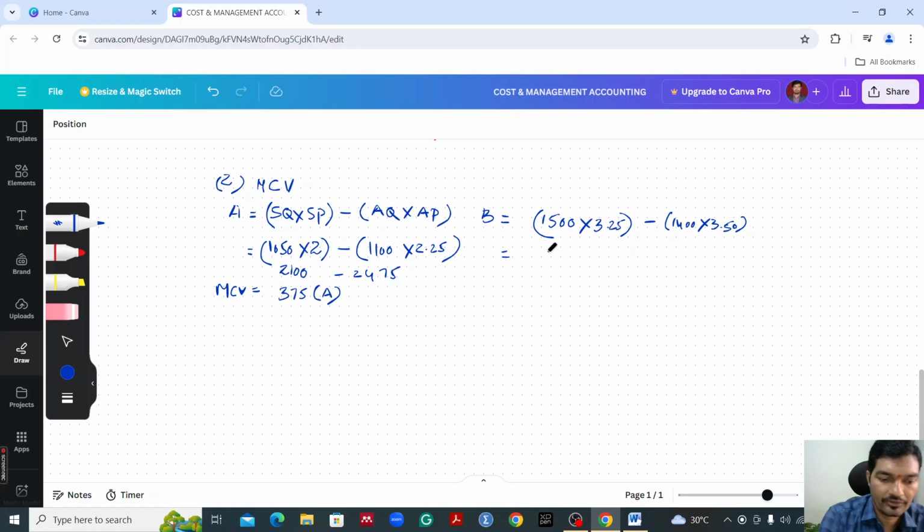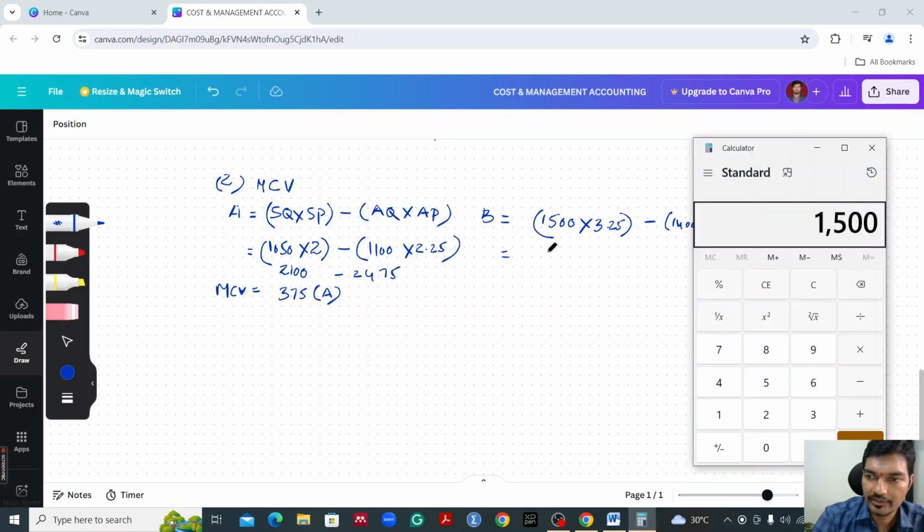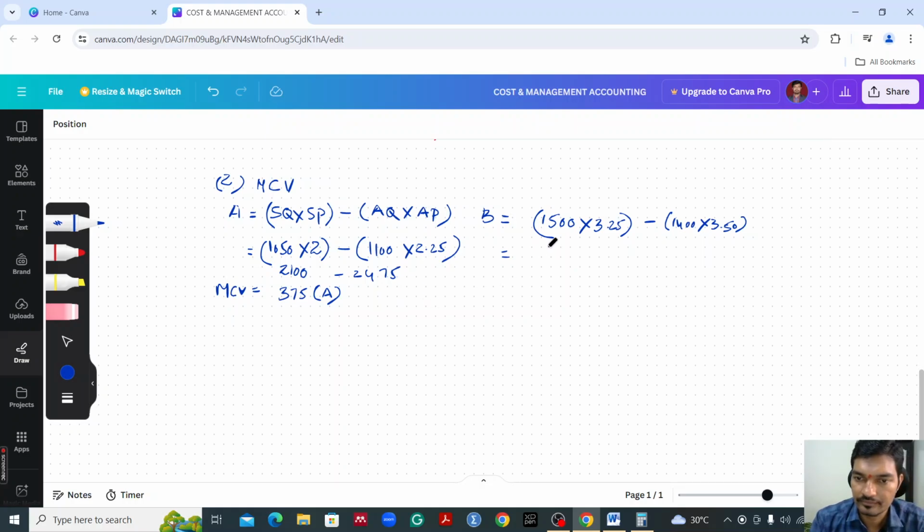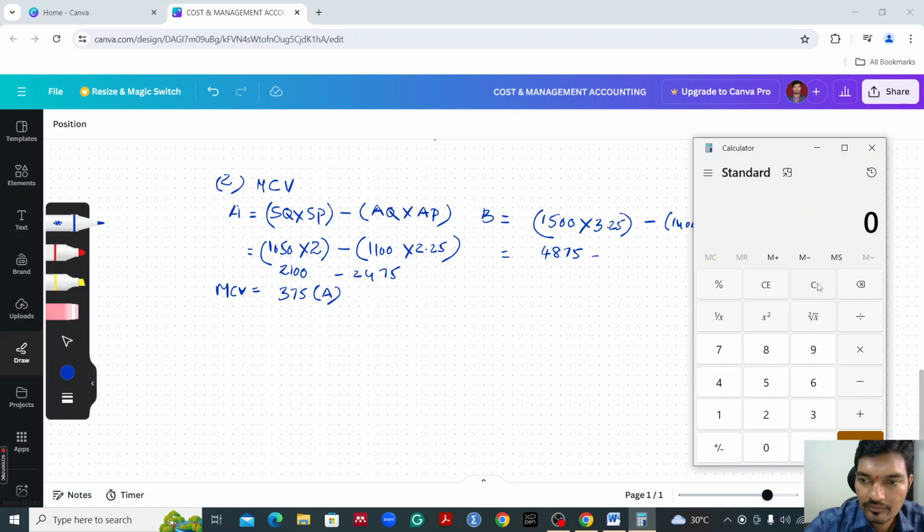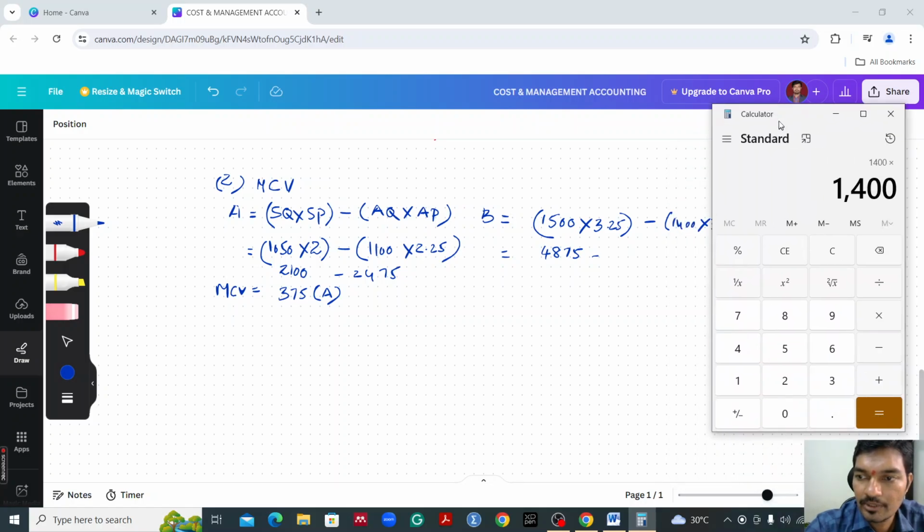If you use the calculator here, 1500 into 3.25, 4875, minus 1400 into 3.5, and we got 4900.